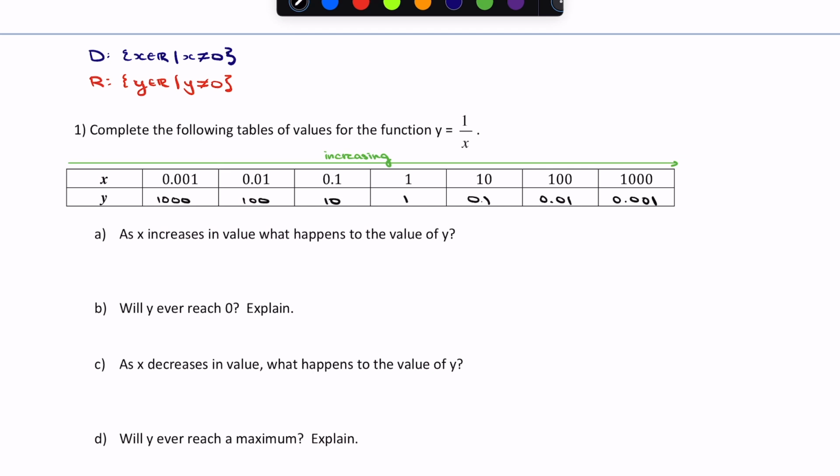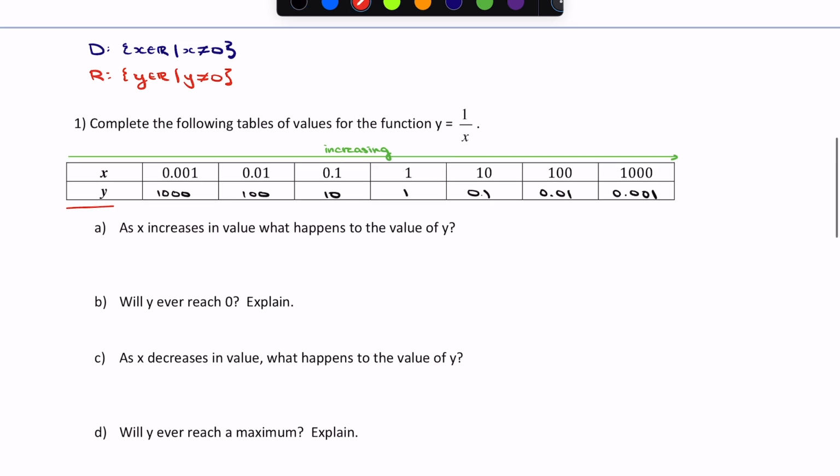And so you see that as x is increasing, y here is decreasing. So here, as x increases in value, the y values are decreasing.